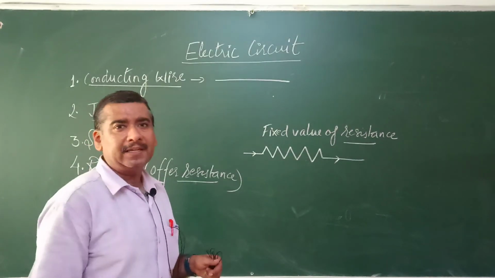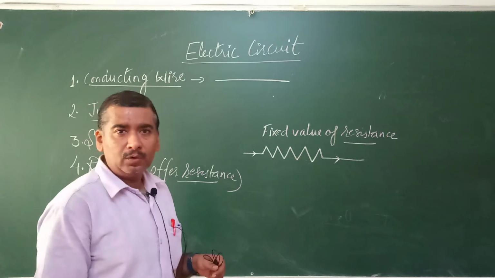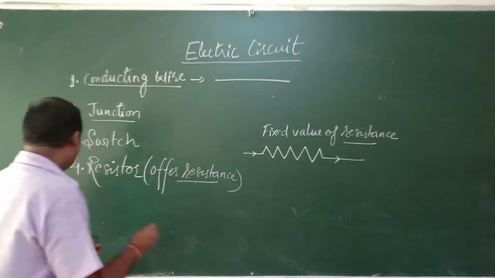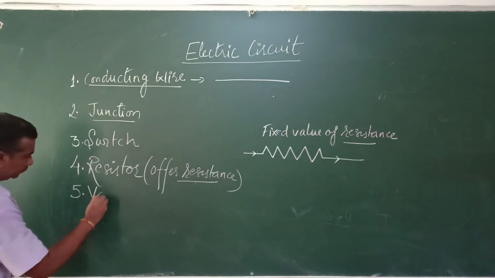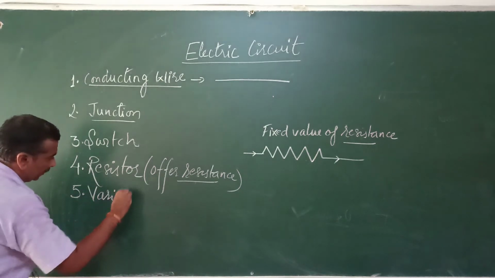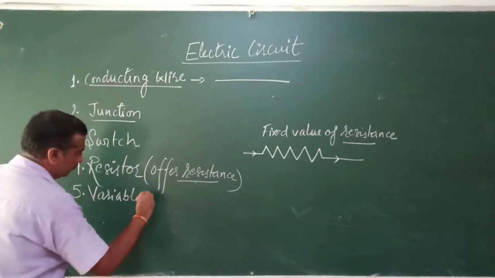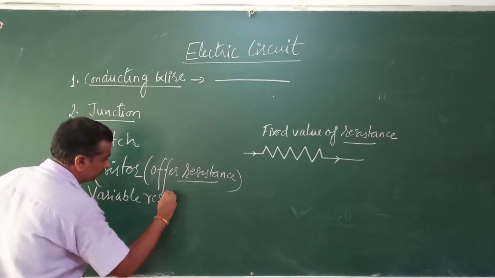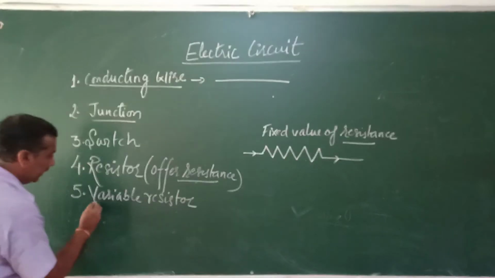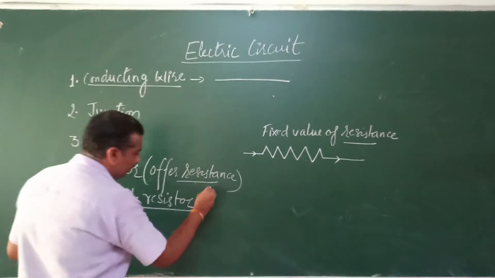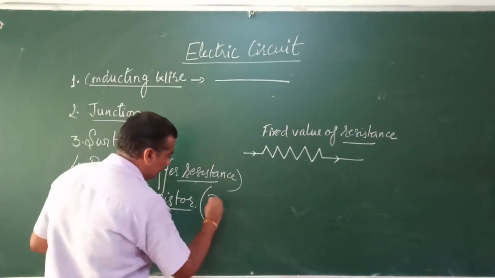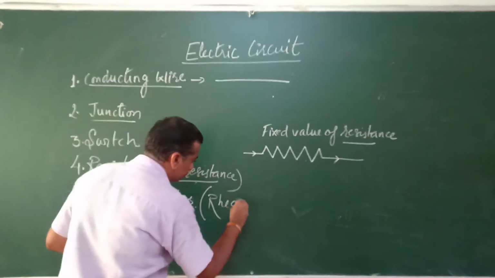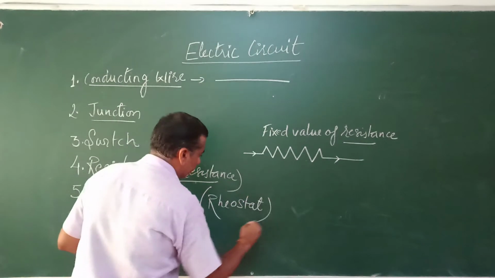Now there is another type of resistor which is known as a variable resistor, right? Variable resistor is also known by another name, which is rheostat.